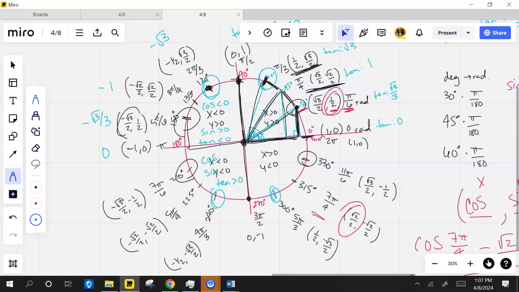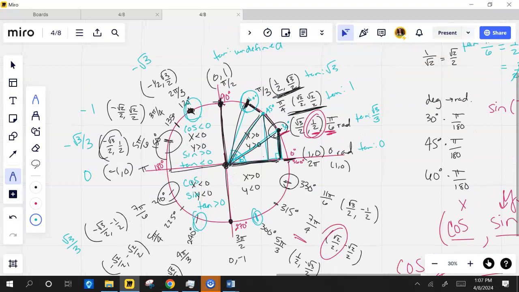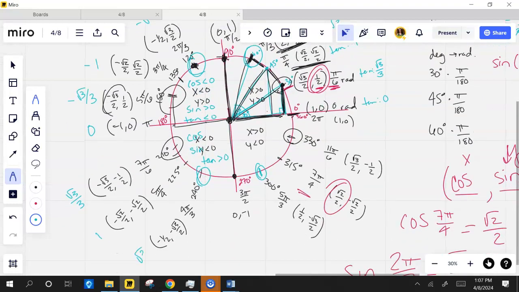You absolutely could. Diagonally across from it. So this one is going to be root 3 over 3. 1 and square root of 3. Yep. Undefined also.